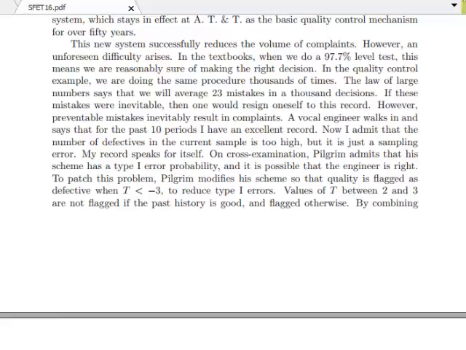If there's just one red flag and before it there's nothing and after it there's nothing, then we say that this is okay. So at 3 standard deviations it's not a red flag anymore. So that's now 1 in 1,000 probability of mistake. So that's much better.